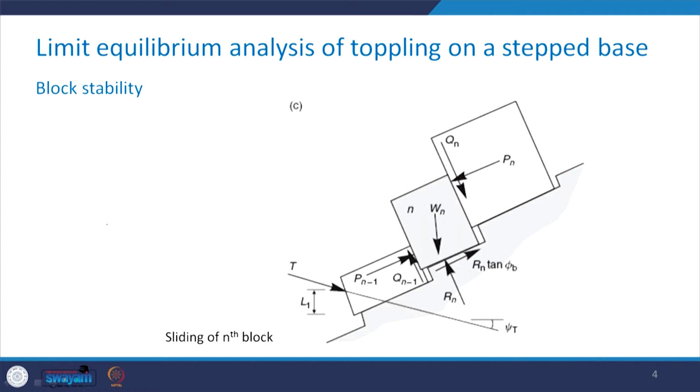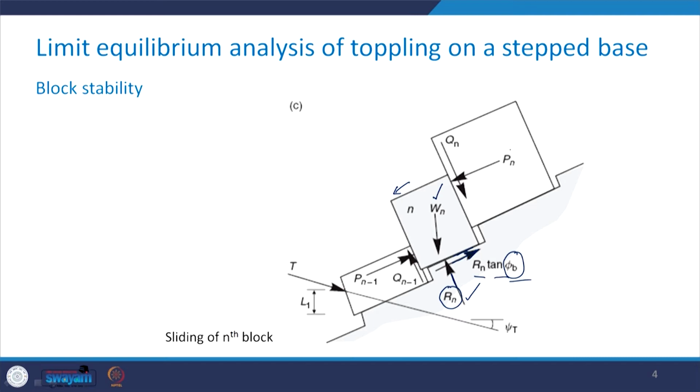Now if this nth block does not topple but slides, then you see that there is no gap between these two planes, and this block is going to only slide. The weight is again Wn, the normal force is Rn, and the base friction angle is phi b, and therefore the tangential component, perpendicular to this normal force, is going to be Rn tan phi b.